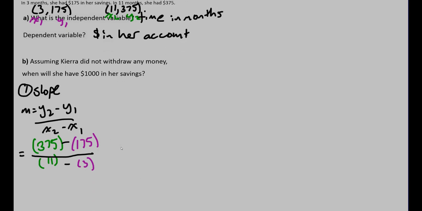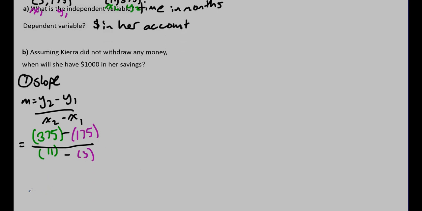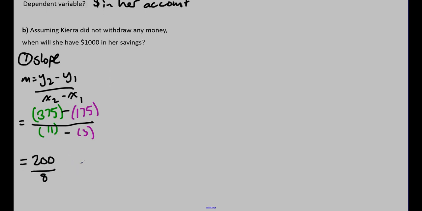Let me just move this down a bit. So 375 minus 175 is 200. And then 11 minus 3 is 8. And then 200 divided by 8 is $25.